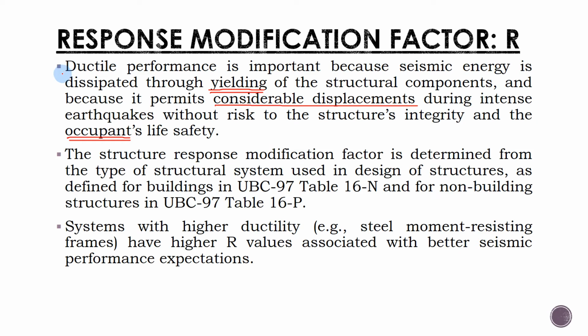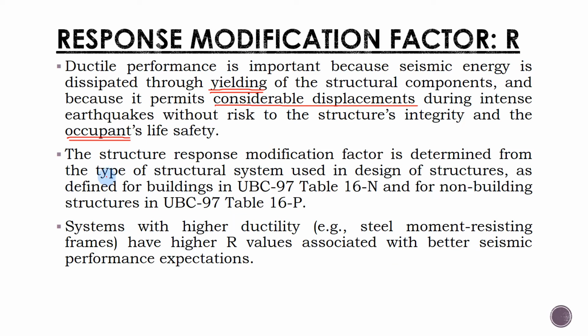Okay, so the structure response modification factor is determined from the type of structural system used in the design of the structure. So as defined for buildings in UBC 97 table 16-N, and for non-building structures in UBC 97 table 16-P.